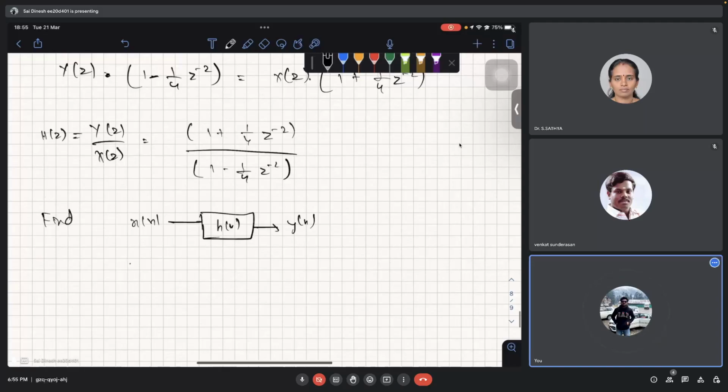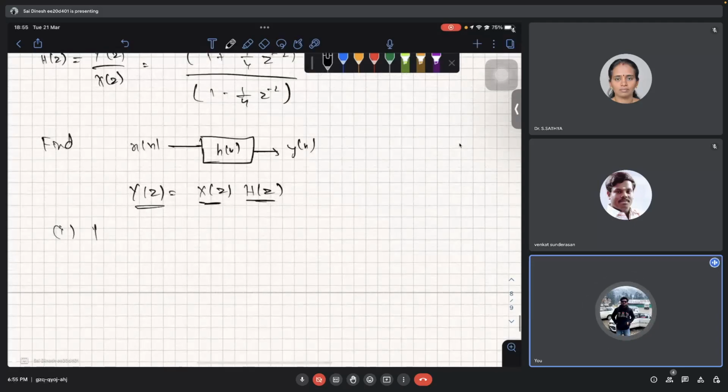So y of z will be x of z into h of z. We know x of z, we know h of z. Finally find y of z. So what you do is find y of z and then find y of n. Okay.